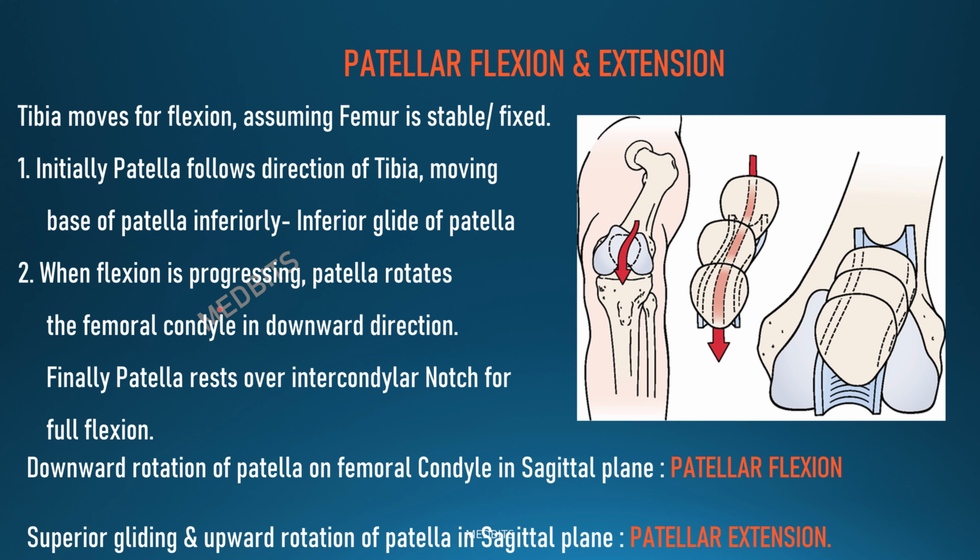When flexion is progressing, the patella rotates on the femoral condyle in a downward direction. Finally, the patella rests over the intercondylar notch for full flexion. Downward rotation of the patella on the femoral condyle in the sagittal plane is patella flexion. Superior gliding and upward rotation of the patella in the sagittal plane is patella extension.